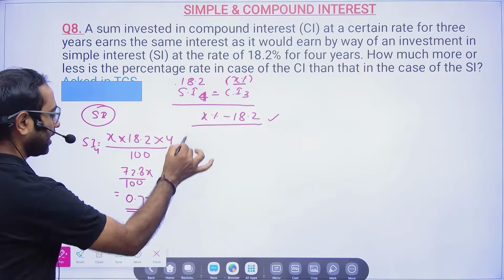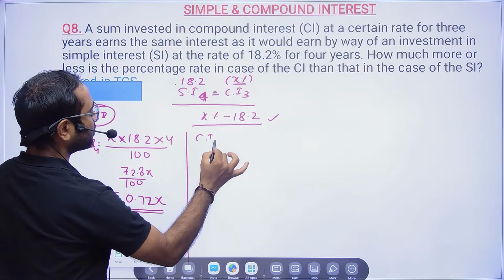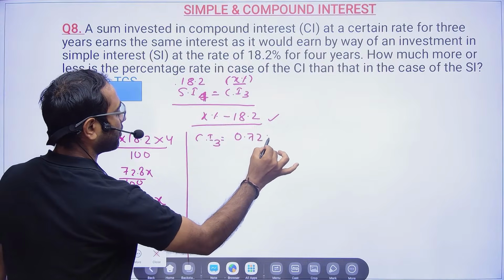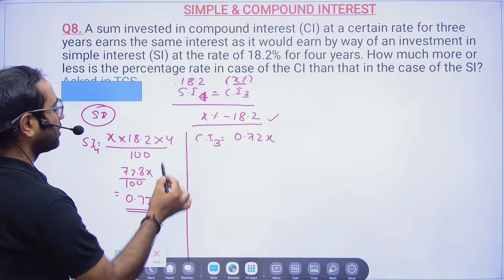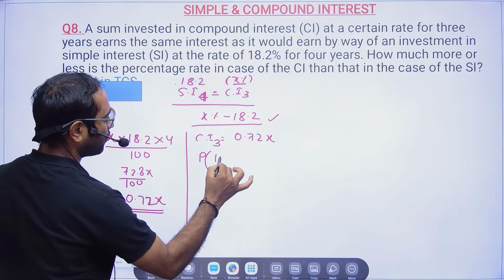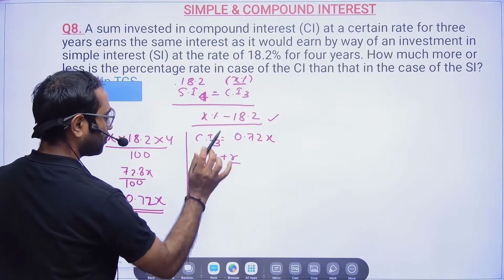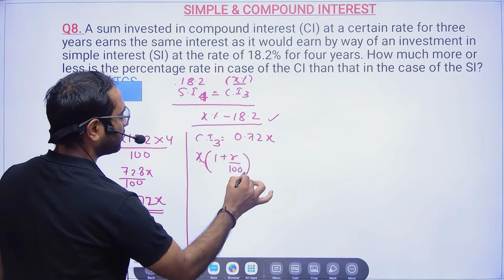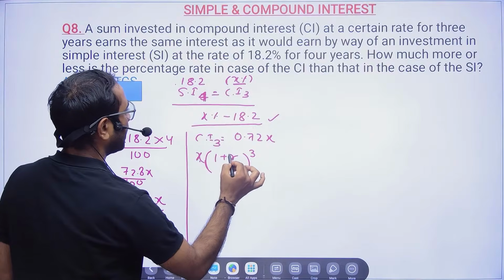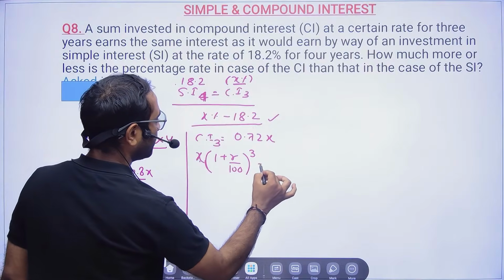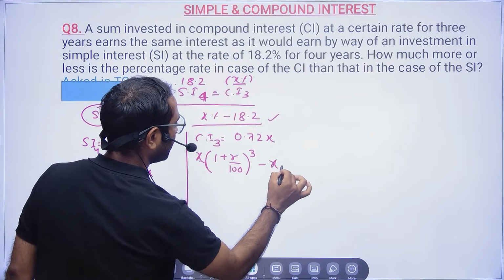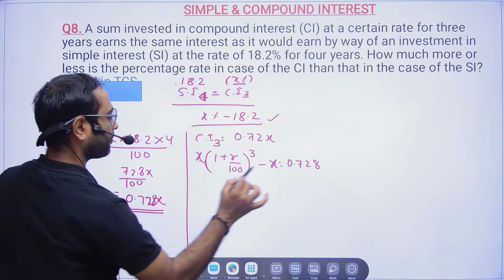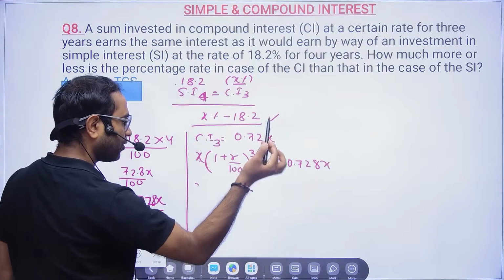Now what they are telling: compound interest for 3 years is equal to simple interest for 4 years. Fine. So the formula is P into (1 plus R by 100) to the power 3. Here I have taken principal as x, and R we don't know. So x into (1 plus R by 100) to the power 3 minus x is equal to 0.728x. This x will go that side.